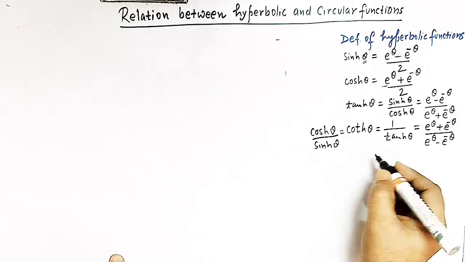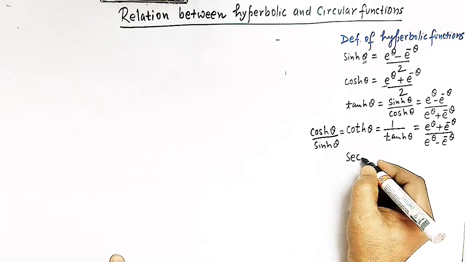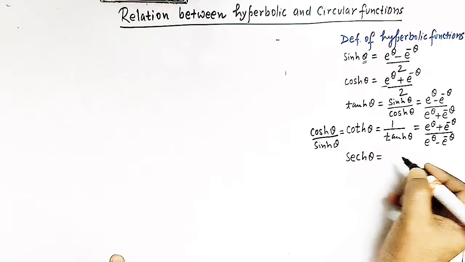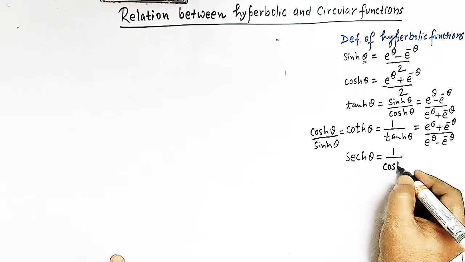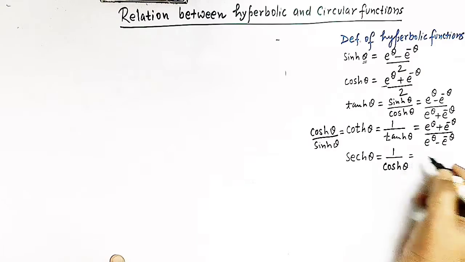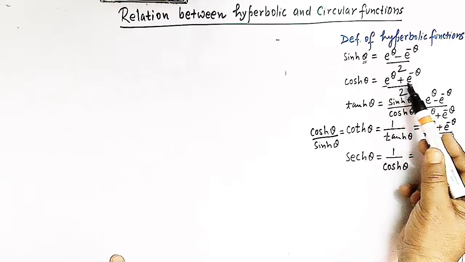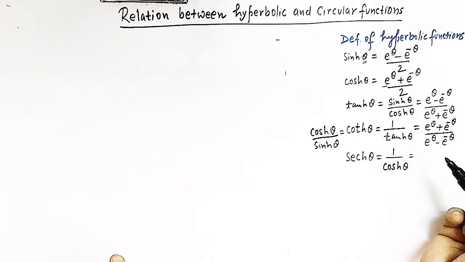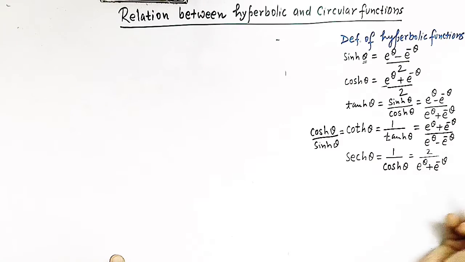Now, similarly, we can define the hyperbolic secant of theta as 1 over hyperbolic cosine of theta. So here we can take the reciprocal of e raised to theta plus e raised to minus theta over 2. So this is 2 divided by e raised to theta plus e raised to minus theta.